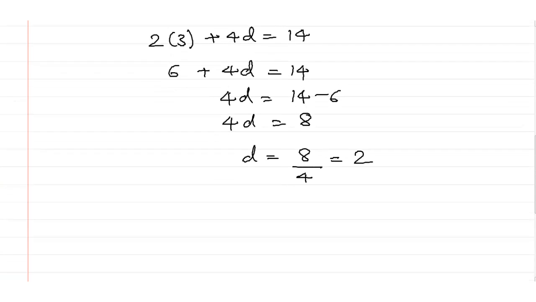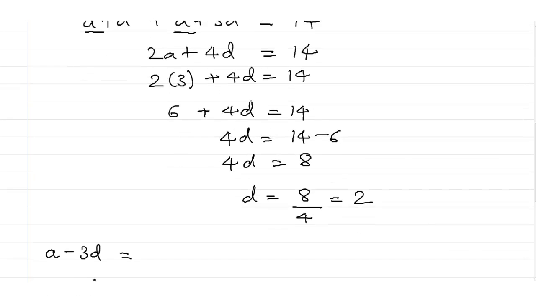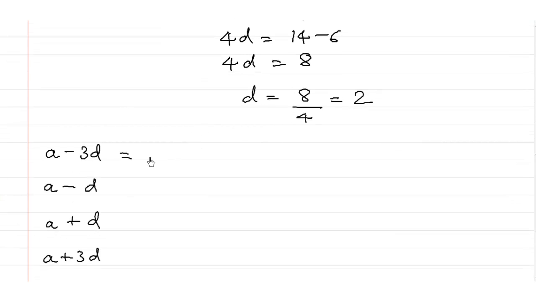Now, in order to write the answer, we should write that the four consecutive terms are: the first one is A minus 3D, the next one is A minus D, the third one is A plus D, and the fourth one is A plus 3D. Now let us substitute. The value of A, if I am not wrong, is 3, and minus 3 into the value of D, which is 2.